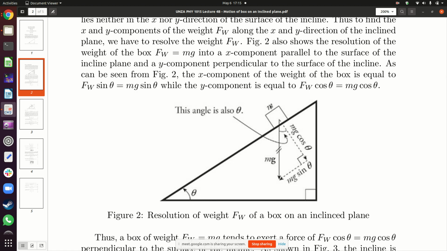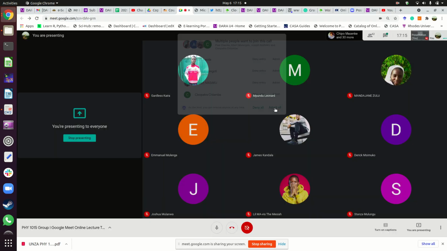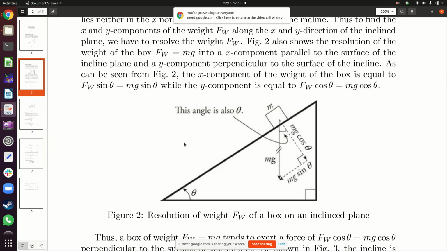Now one of two things is going to happen with this box. Either this box will choose to remain on the incline, so it does not move and it stays there on the incline, or this box will choose to move downwards.